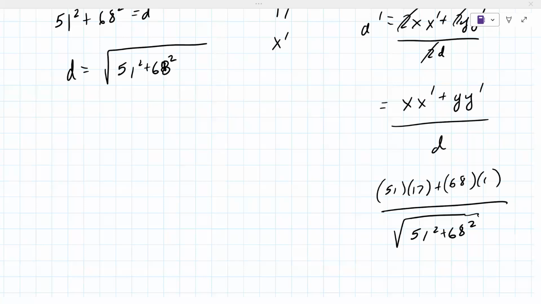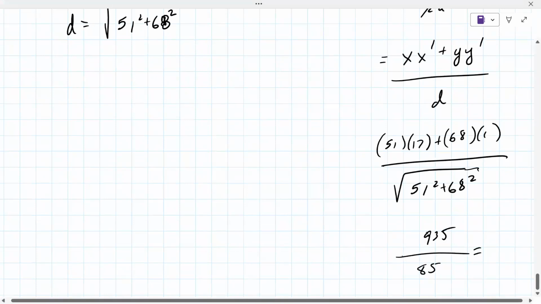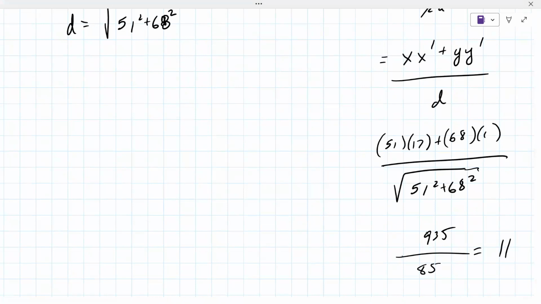Yeah, it actually does, 85. So the bottom is 85. All right, so it's 935 over 85, which actually works out to 11, believe it or not. I did not think that was going to work out so easily. Yeah, these are pretty carefully chosen.